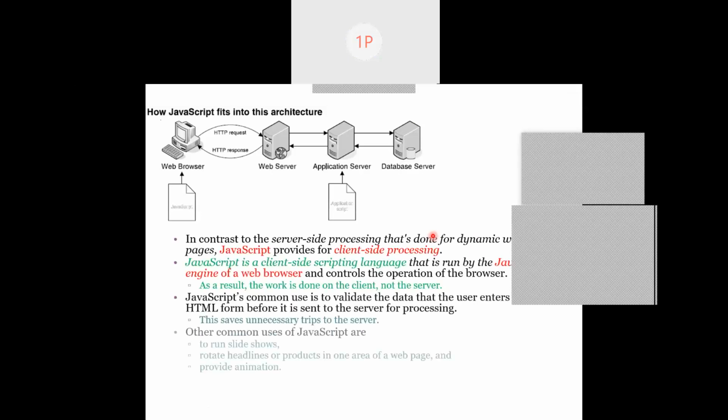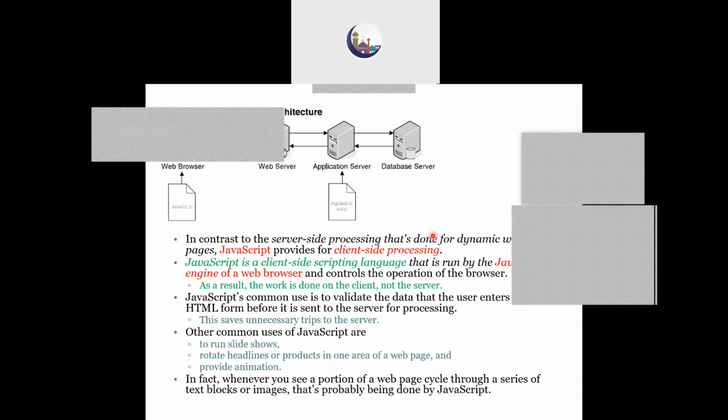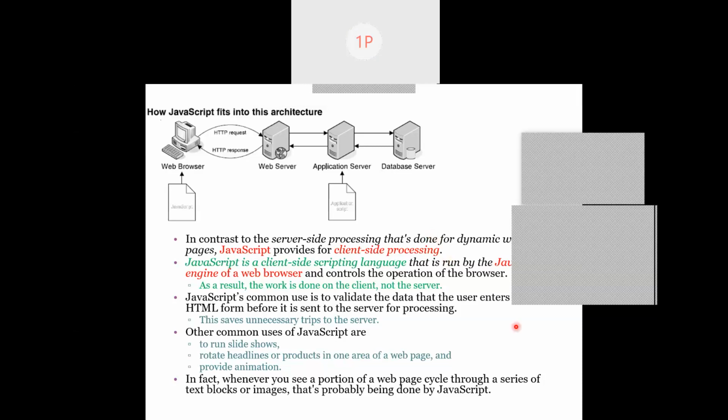We discussed the two types, sir, static and dynamic anatomy of a web page. Sir, we have completed this topic. We have to start anatomy of a web page. Okay, anatomy of a web page. Very good.